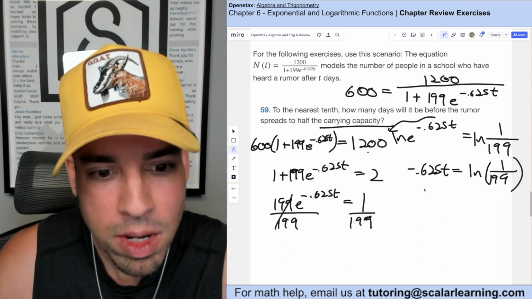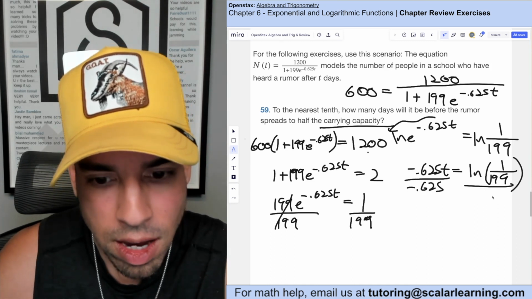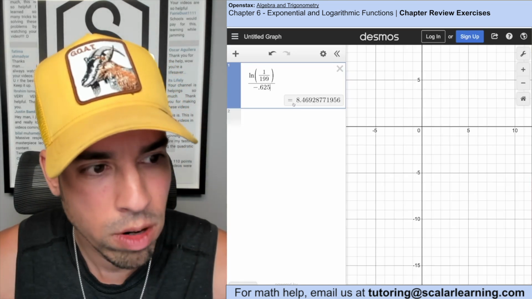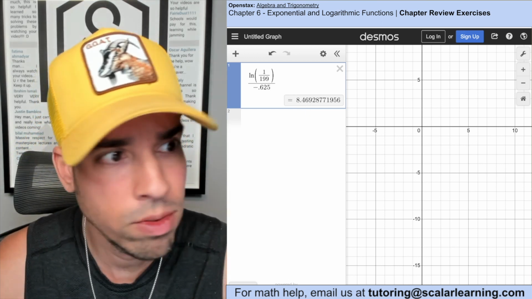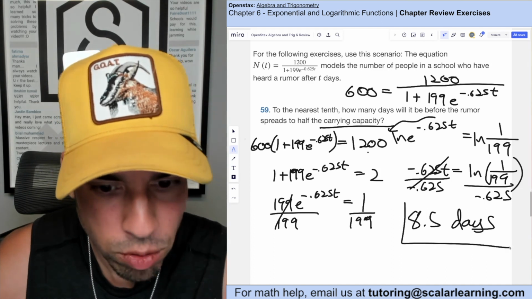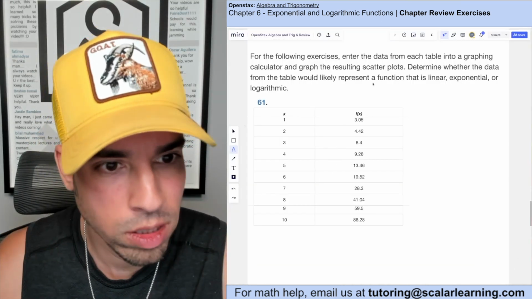And then the last step to isolate is I'm going to divide both sides by negative 0.625, and we're going to evaluate this to get an approximation in Desmos. And here we get roughly 8.469, which rounds to the nearest tenth to 8.5, which means it will take 8.5 days approximately.